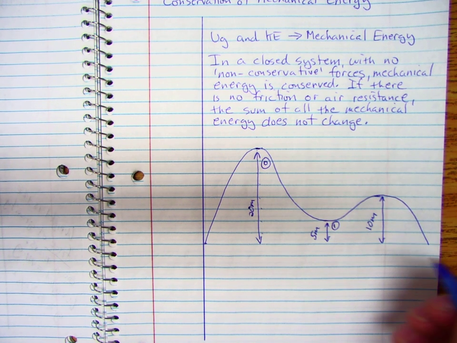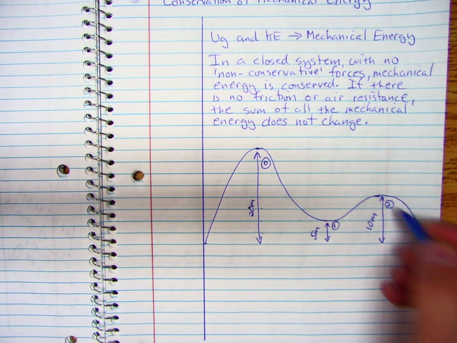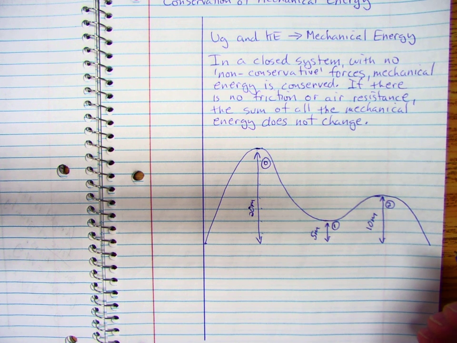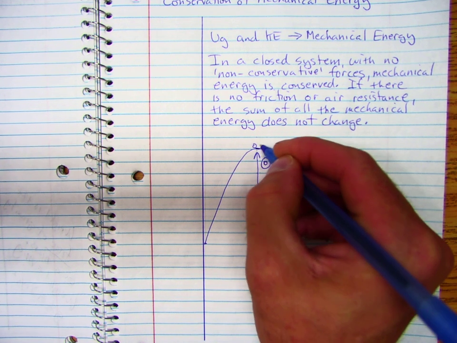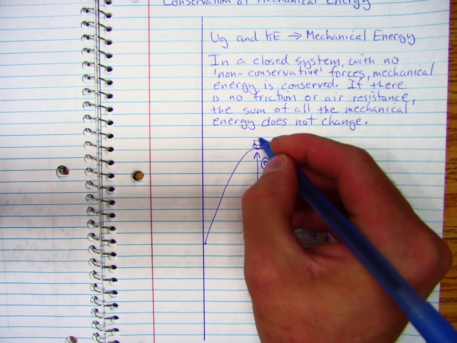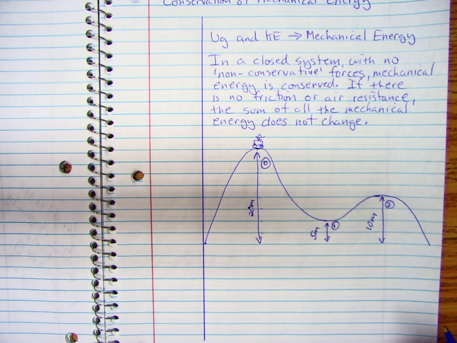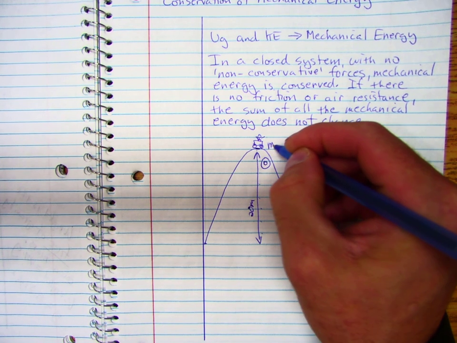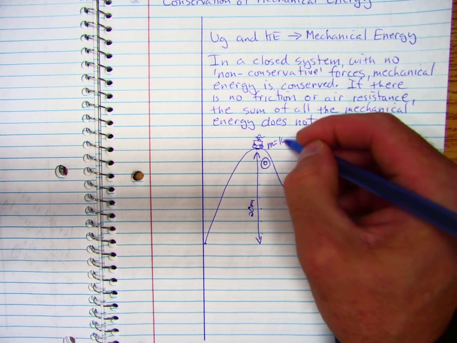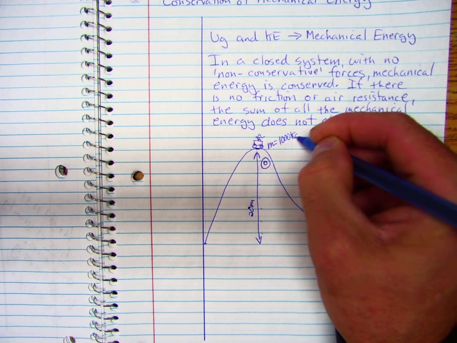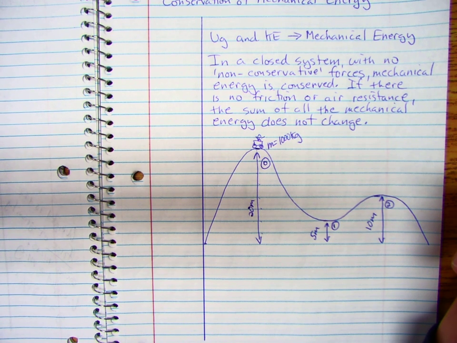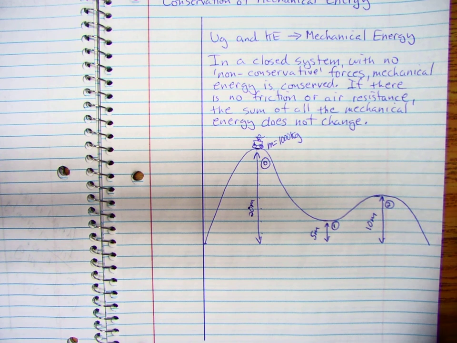This is position 1, and this is position 2. I'm also going to put a car from the roller coaster up here at the top of the highest hill. And the mass of this car is going to be 1,000 kilograms. And the velocity at the top of the hill is going to be 0.